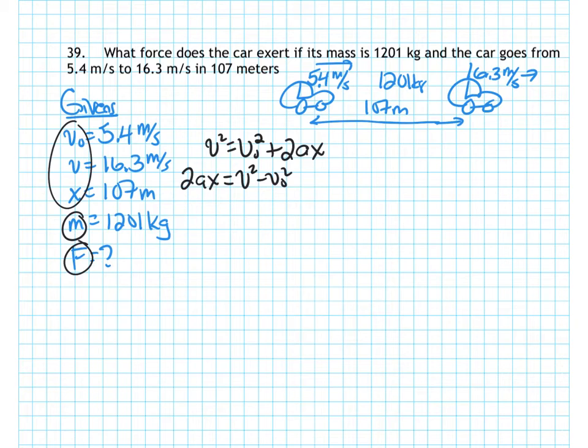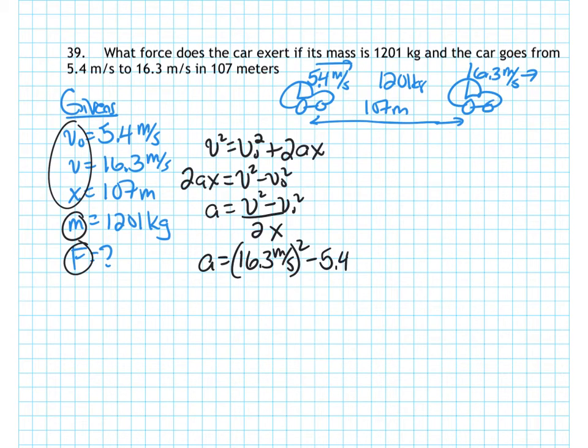So now isolating a, a is equal to final velocity squared minus the initial velocity squared, all divided by 2x. So a is equal to the final velocity, 16.3 meters per second, minus the original velocity, which is 5.4 meters per second, and that's all squared. All that divided by 2x, so that's 2 times 107 meters, or 214 meters total.